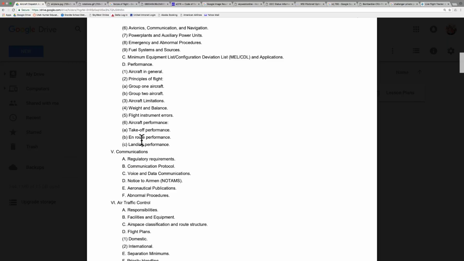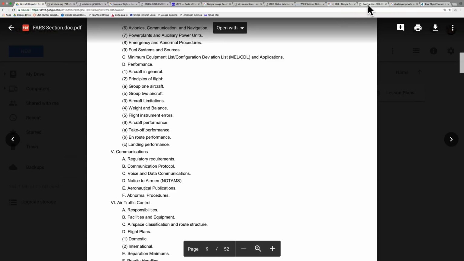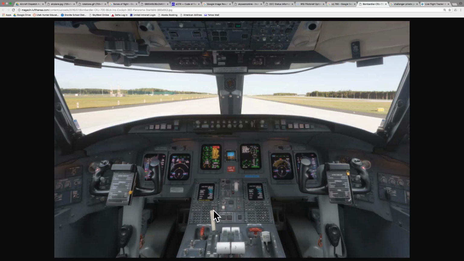There's times where equipment fails on the aircraft, like the FMS, that system that I pointed out in the cockpit view. Let's see. Yeah. This down here, these two computers right here. The FMS is what our GPS is tied to.